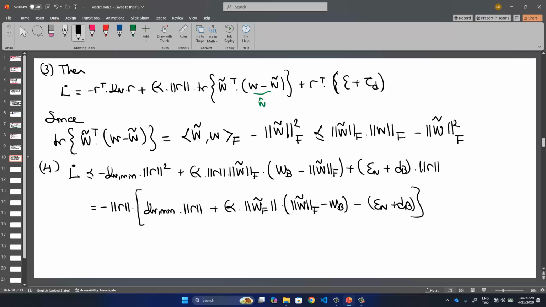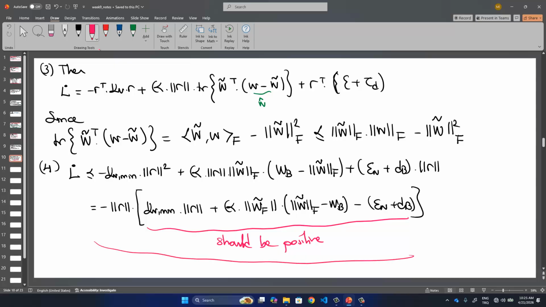Okay? And so in order to prove these conditions, this should be positive, right? If this is positive, then the total term could be negative, and that's good for stability, right?